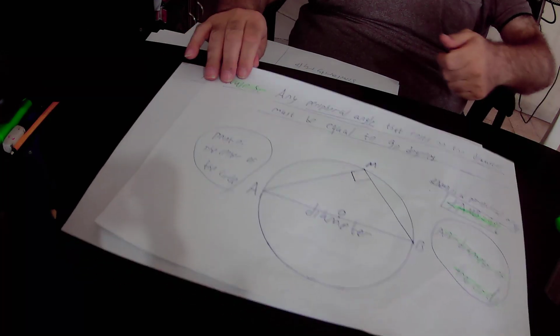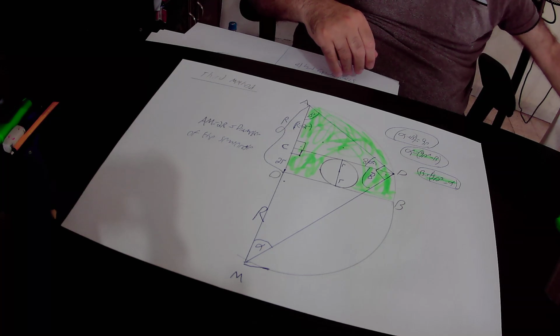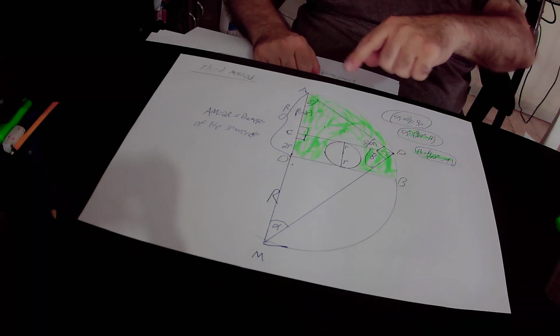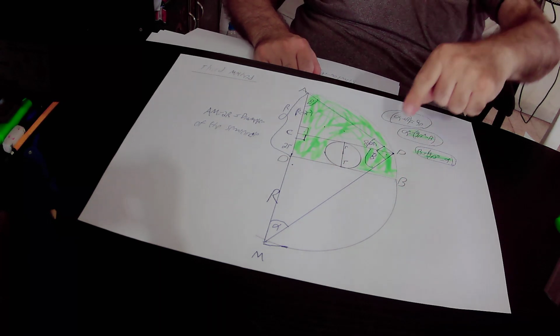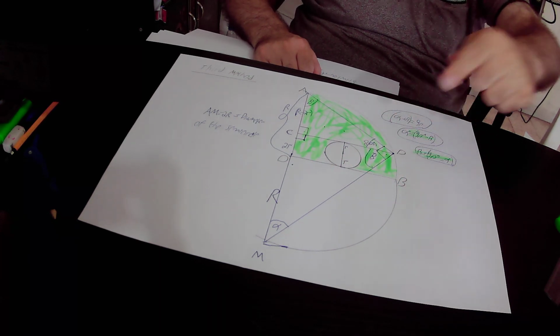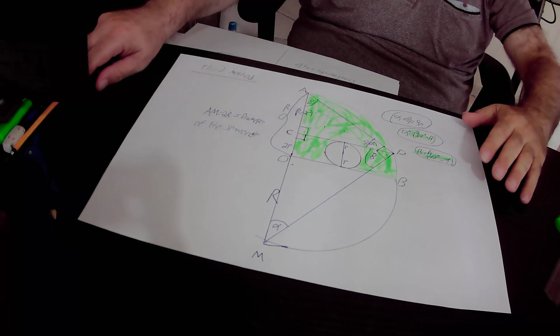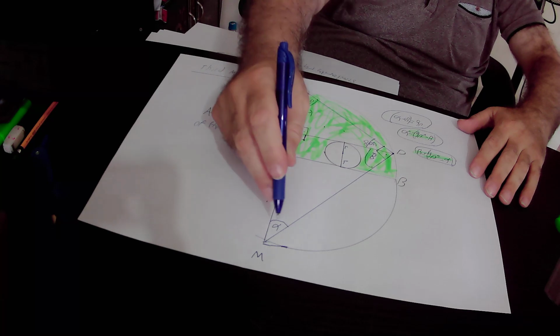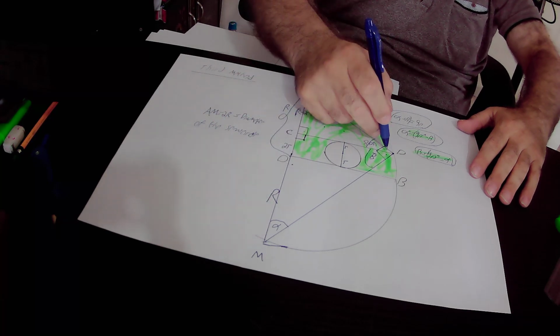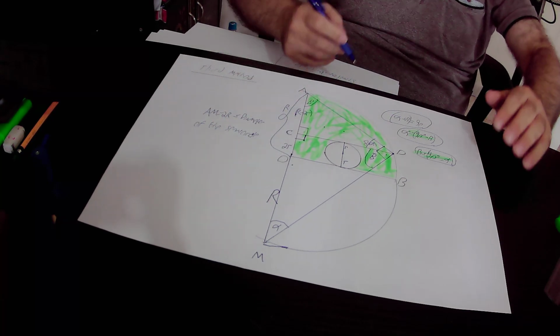Actually, we can implement rule number 5 in our drawing, because we have peripheral angle ADM that rests on AM, that is the diameter of this circle. Therefore, this angle, peripheral angle ADM that rests on the diameter of the circle, must be equal to 90 degrees according to rule number 5.